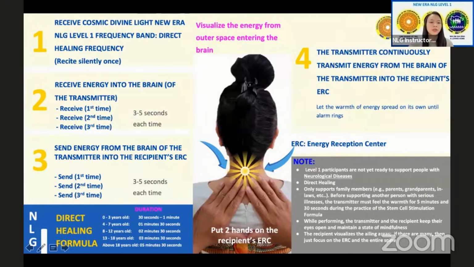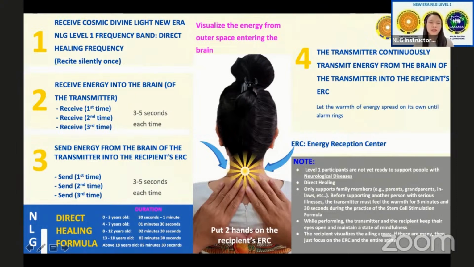Now, some tips for you: when you place your hands on the person's ERC, let's say you're transmitting energy to someone who is above 18 years old, so the time would be 5 minutes and 30 seconds. What you could do is don't apply too much pressure on the person's ERC, because later on your arms would be really sore, since you're basically holding a certain position.